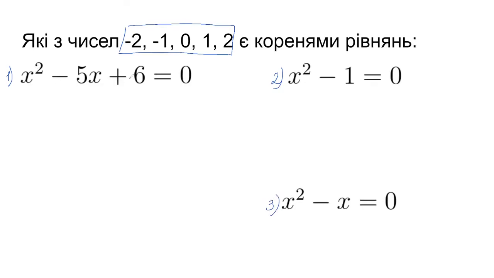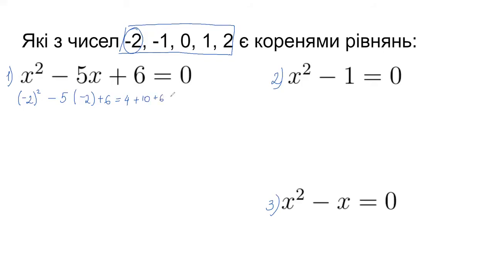Let's check number -2. What does it mean to check it? We need to plug it in our equation. So we have (-2) squared minus 5 times (-2) plus 6.